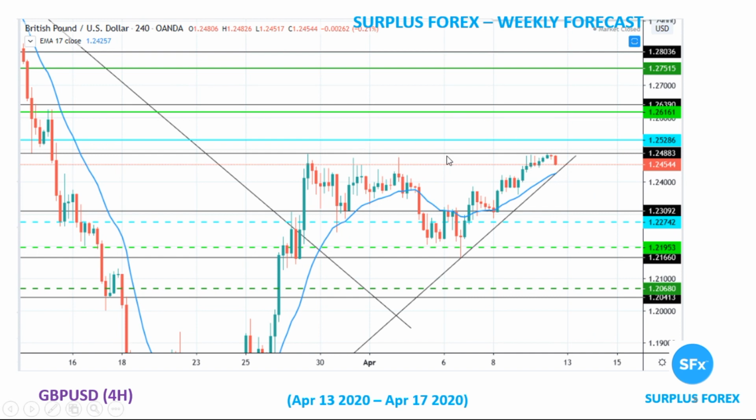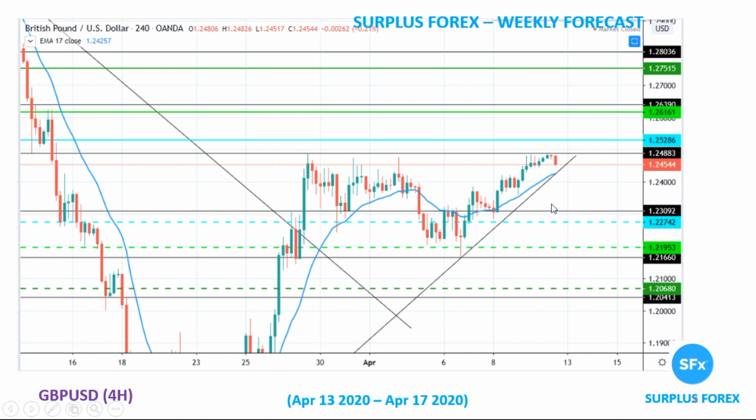On 4-hour chart, please see that 1.2483. So if it crosses 24.88, then I'm keeping my entry at 25.28, first target at 126.16 and second target at 127.51. On the reverse side, if it falls below 123.09, I'm keeping my first entry at 122.74 and first target at 121.95 and second target at 120.68.